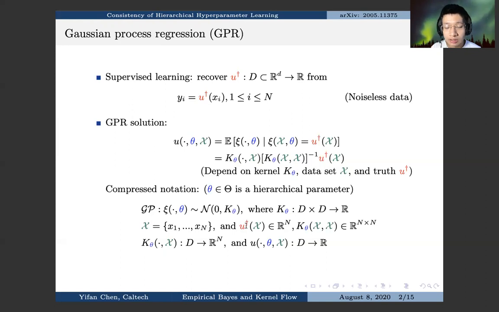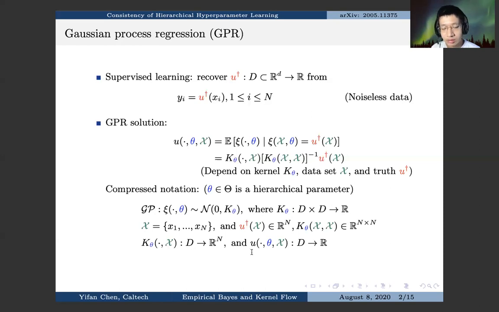And U dagger of X means U dagger applies component-wise to each element in X. So this quantity is a vector of dimension n. Similarly, k theta XX will be a matrix with dimension n times n. In the same way, k theta dot X will be a collection of functions with entries k theta dot xi.